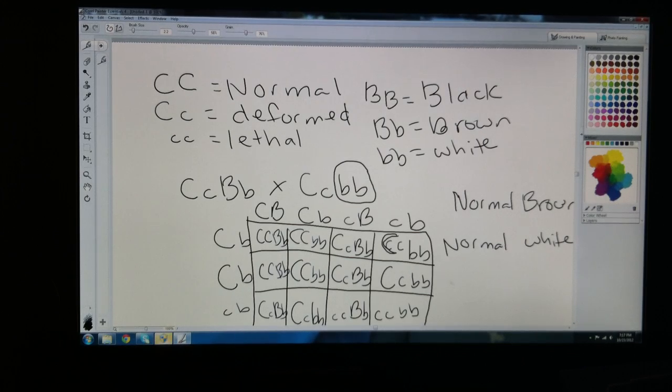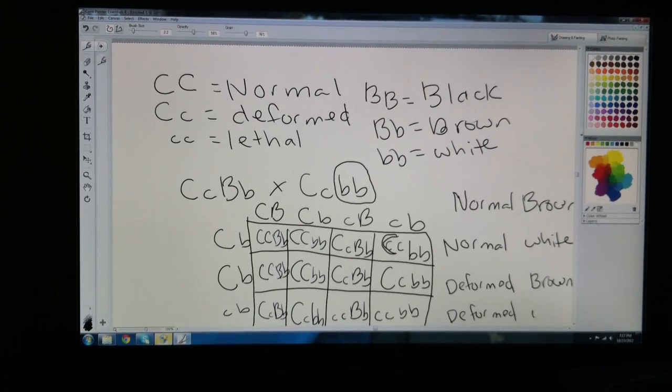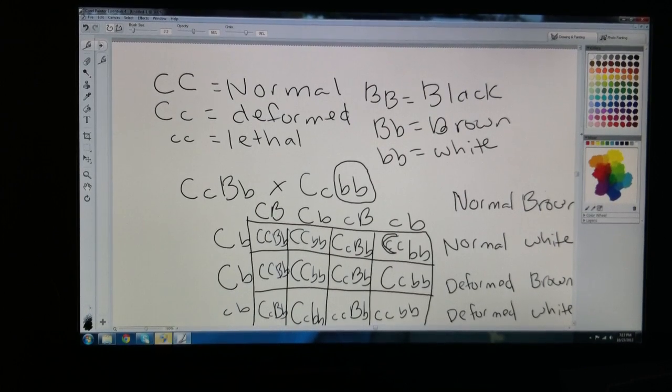Then we want to see how many are deformed legs with brown fur. Again, I'm skipping black fur because these two parents can't have any offspring like that. And then deformed legs with white fur. Now, we stop there. We don't do the homozygous recessive because it is lethal.